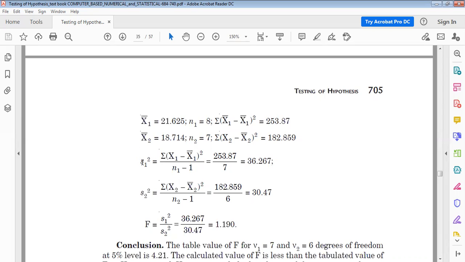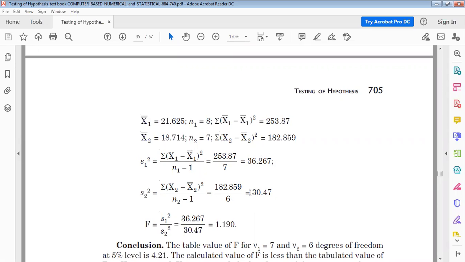So what is S1 square? We must compute it for the population. For the population, we get the summation of X1 minus X1 bar whole square divided by N1 minus 1, that is 8 minus 1, which is 7. This is how we get this value. And S2 square, for the second sample, is the sum of the squares of differences divided by N2 minus 1, which is this.